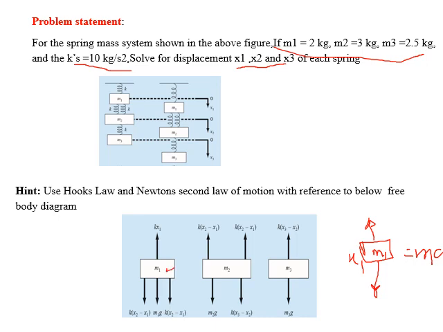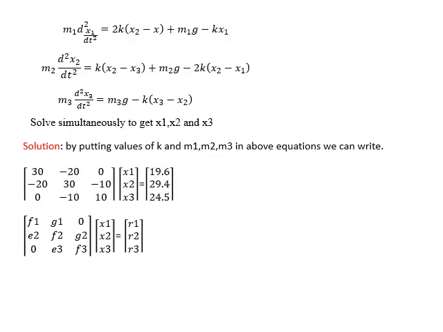So these are free body diagrams which we can draw for the three masses. This set of three equations can be written by using the second law of motion, summation of F is equal to ma, mass into acceleration.